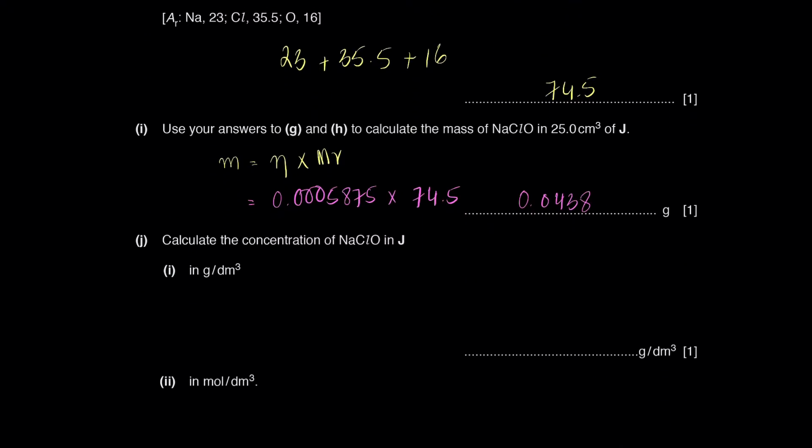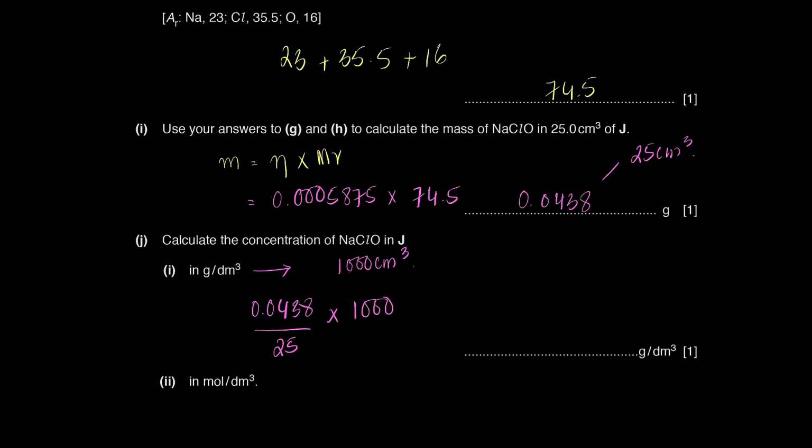This is the amount in 25 centimeter cube. Calculate the concentration. Concentration is essentially something present in 1,000 centimeter cube or 1 decimeter cube. So if I have this much in 25 centimeter cube, can I figure out how much it is in 1,000 centimeter cube? This is just 0.438 divided by 25 times 1,000.